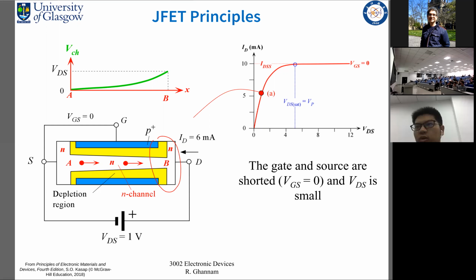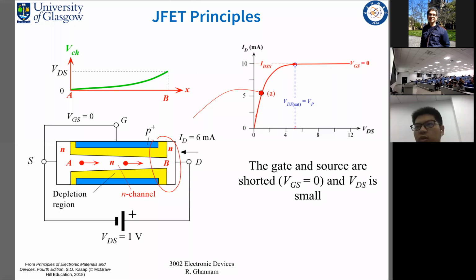We notice that there is an increase in the drain current. This increase in the drain current is non-linear until we reach the pinch-off point, until both depletion regions touch each other. And here we have reached the pinch-off voltage.